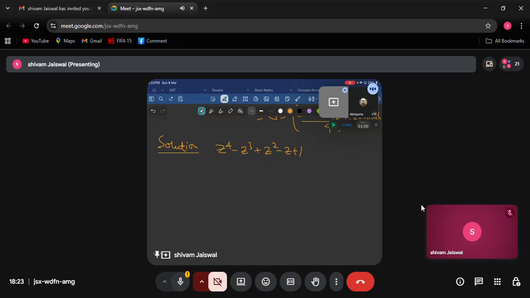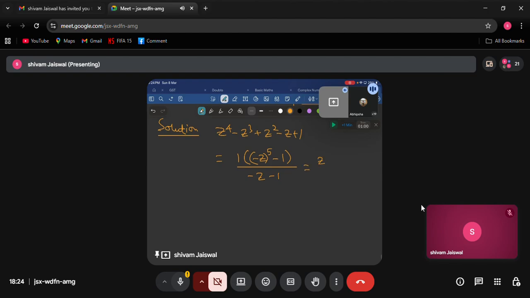So over here, this will become, wait, first term is 1, 1 into minus z whole to the power 5 minus 1 upon r minus 1, that is minus z minus 1. So this will become z to the power 5 plus 1 upon z plus 1. Tell me.